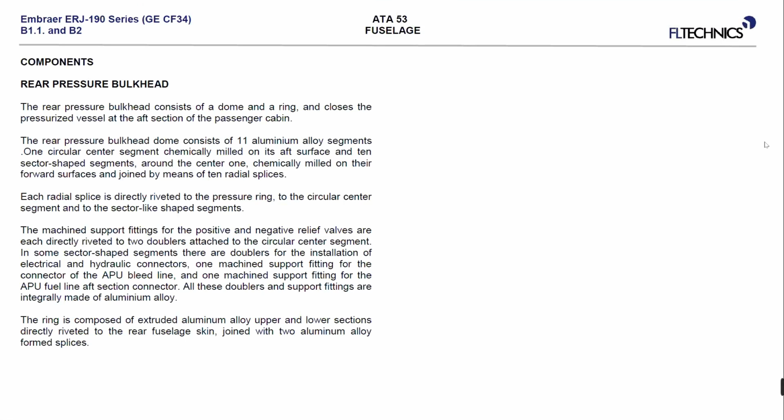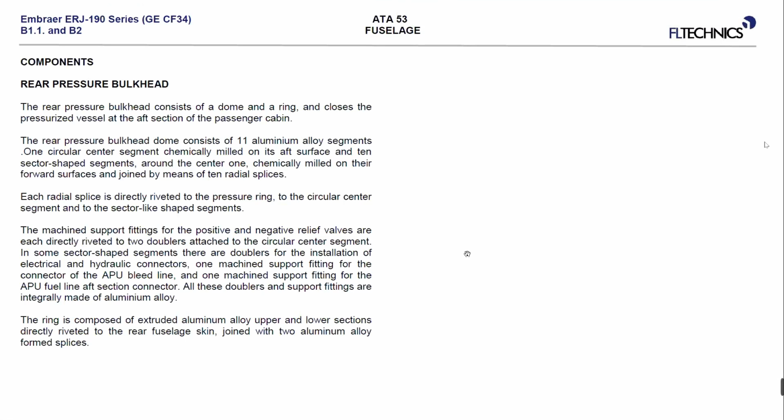Remember, the safety valves. They are directly riveted to the doublers. And once again, you see doublers because everywhere with these openings, we have reinforcement. We have to increase the strength of the structure. That's why we have doublers here.